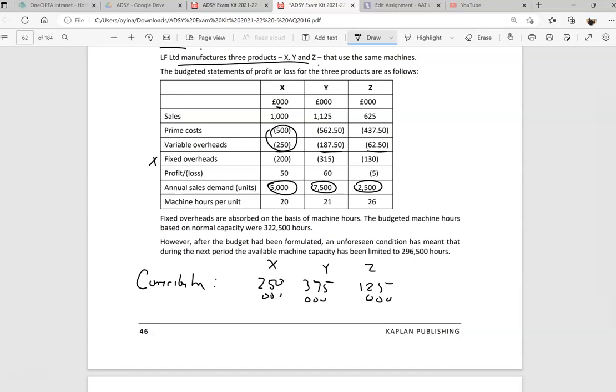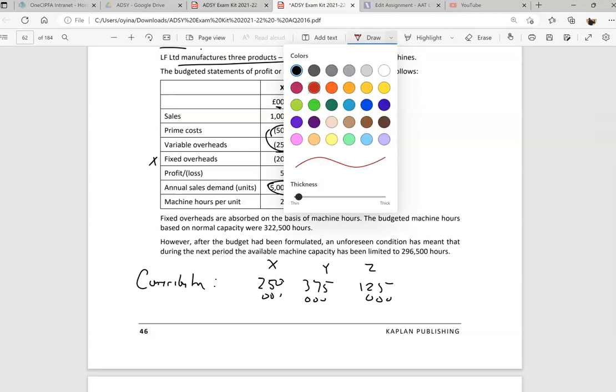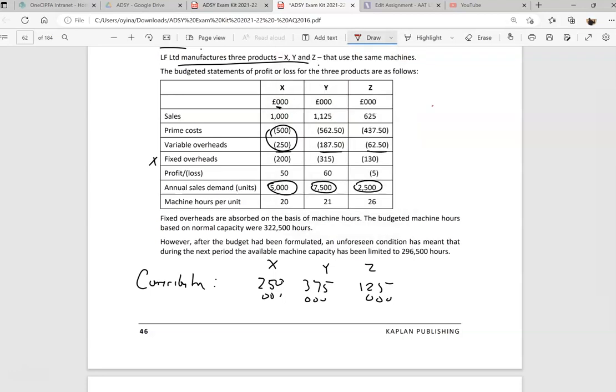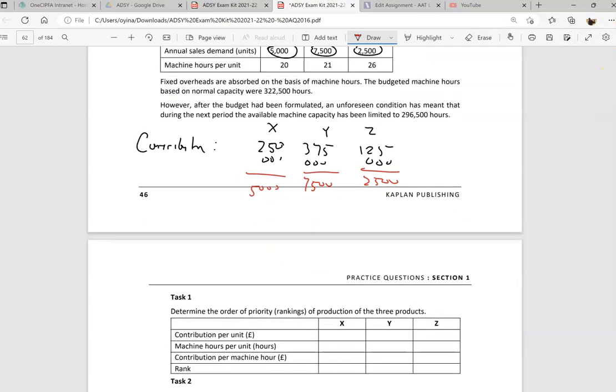So you can then find the contribution per unit, which is what they allow us to do in the next table, by dividing this by 5,000, this by 7,500, and this by 2,500. That allows me to arrive at the contribution per unit.